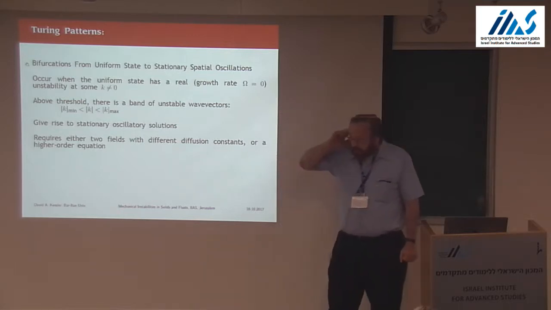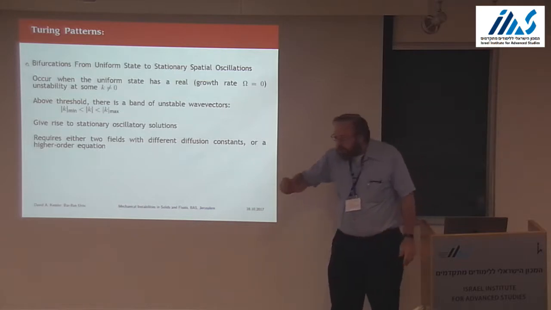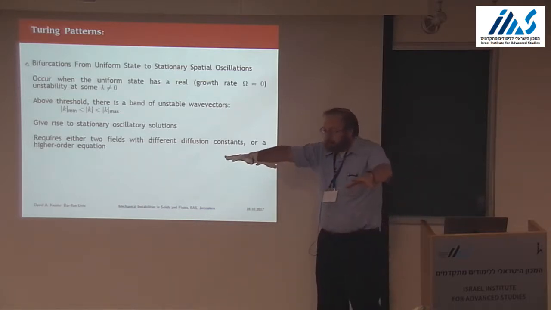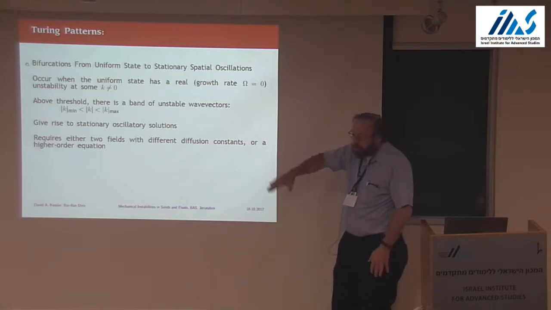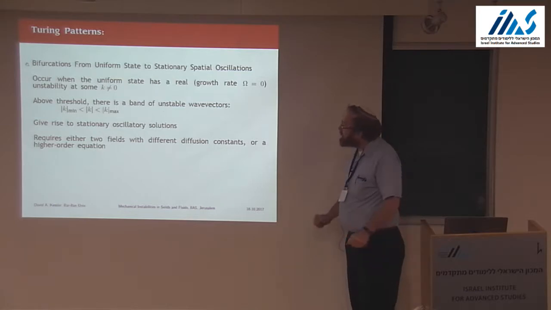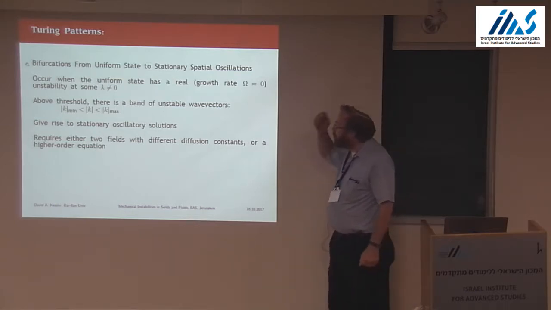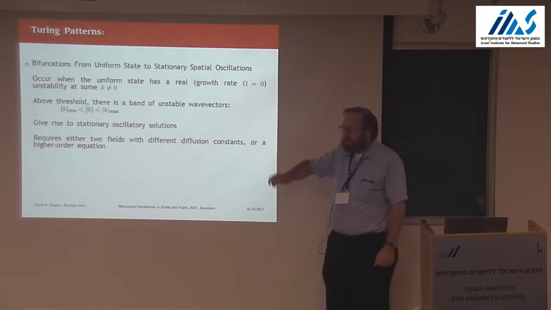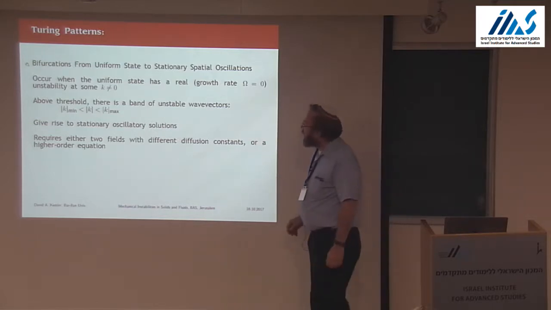He wrote down a model where, when you turn some parameter, some crank, the system originally has a uniform state. The system always has a solution which is constant in space, but at some point it develops a new solution which is oscillating in space, stationary in time.